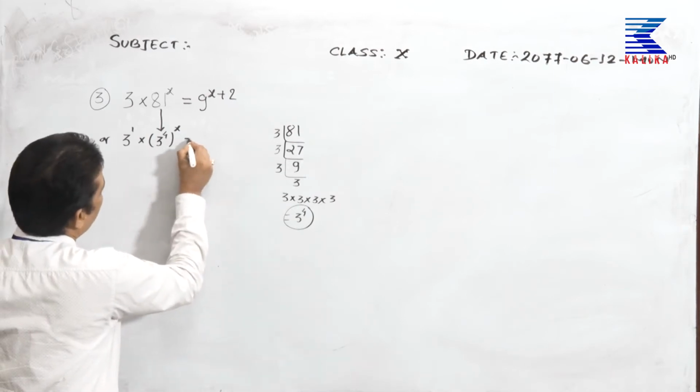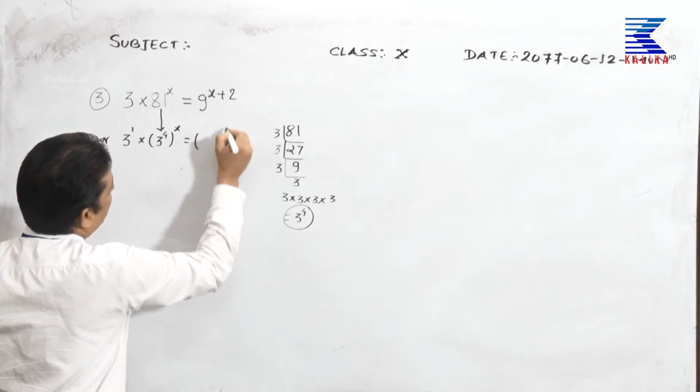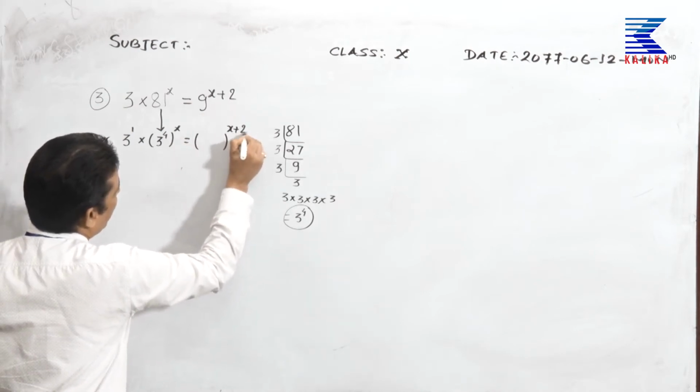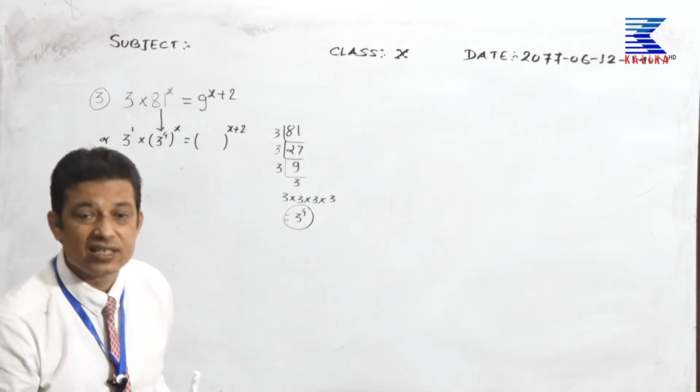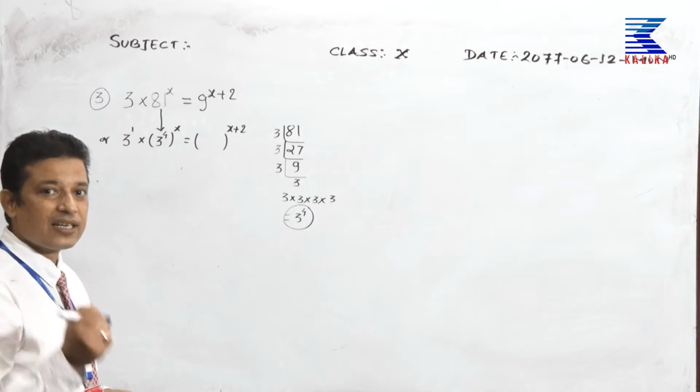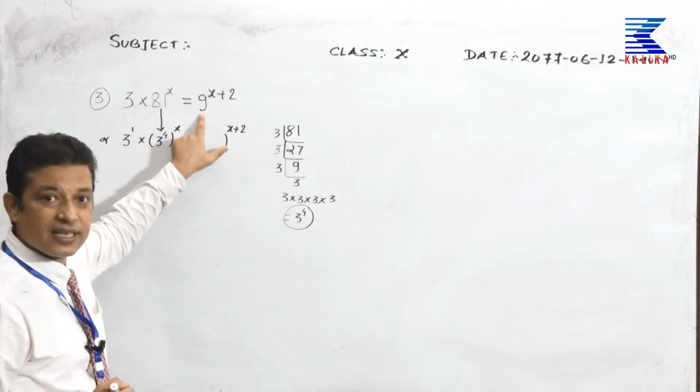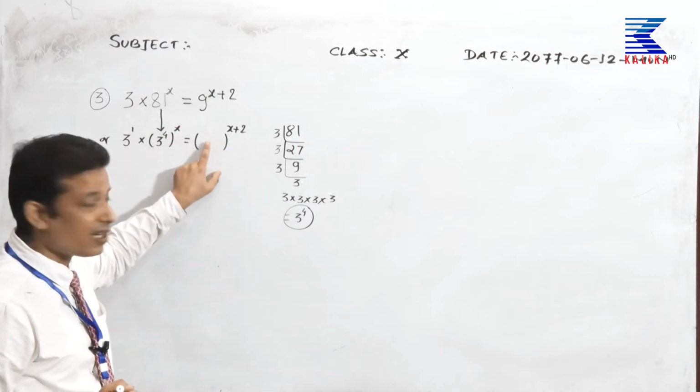Similarly, for 9, here as well you can see the power is x plus 2, and I am writing x plus 2 as it is. So, what did I write from the right hand side? 9 is here, but here is nothing.